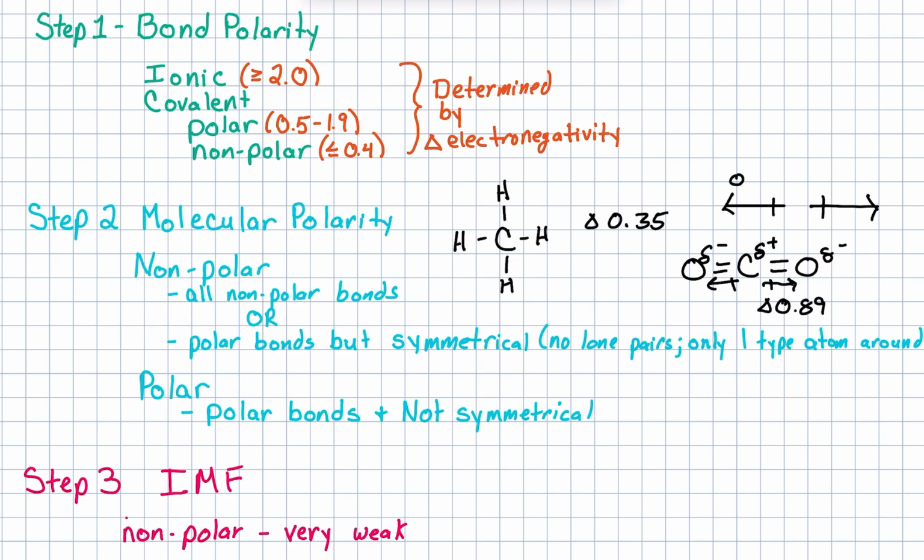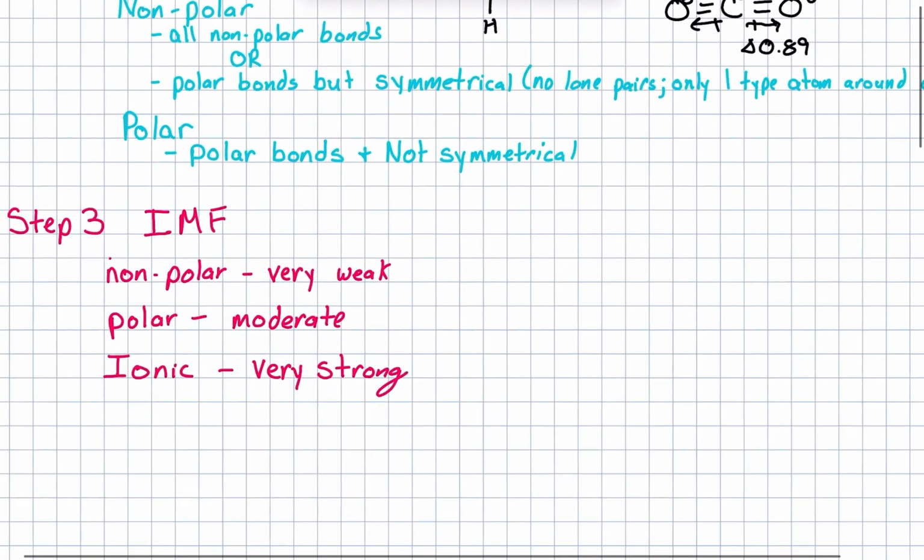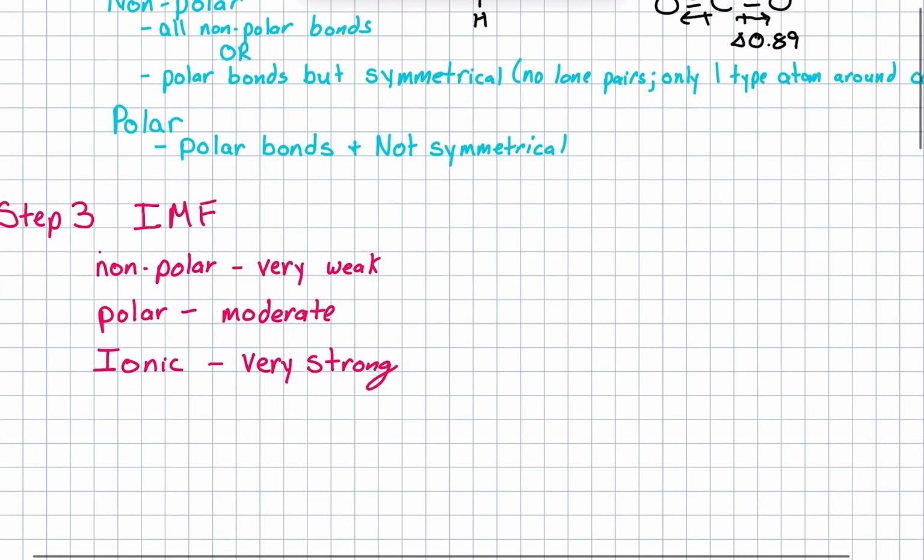I have 0.89 pulling to the left oxygen and 0.89 pointing to the right oxygen. So because of that, they cancel out. And so that means the overall force is 0, meaning this is a nonpolar molecule. And that's where we get that from. It's a polar molecule if it has polar bonds and it's not symmetrical.